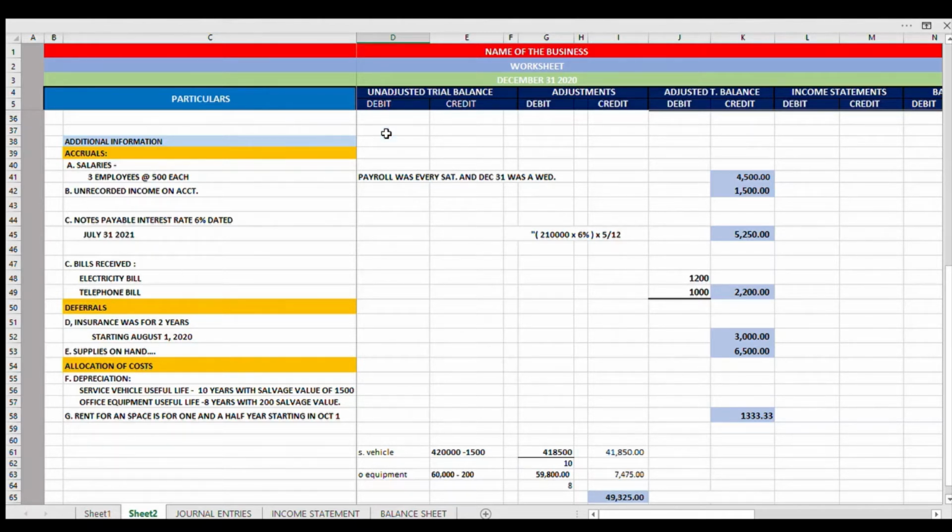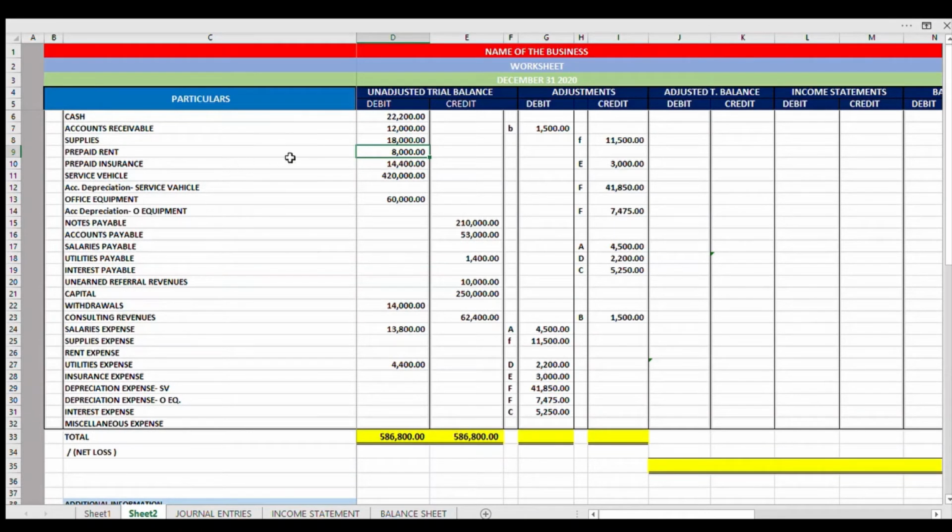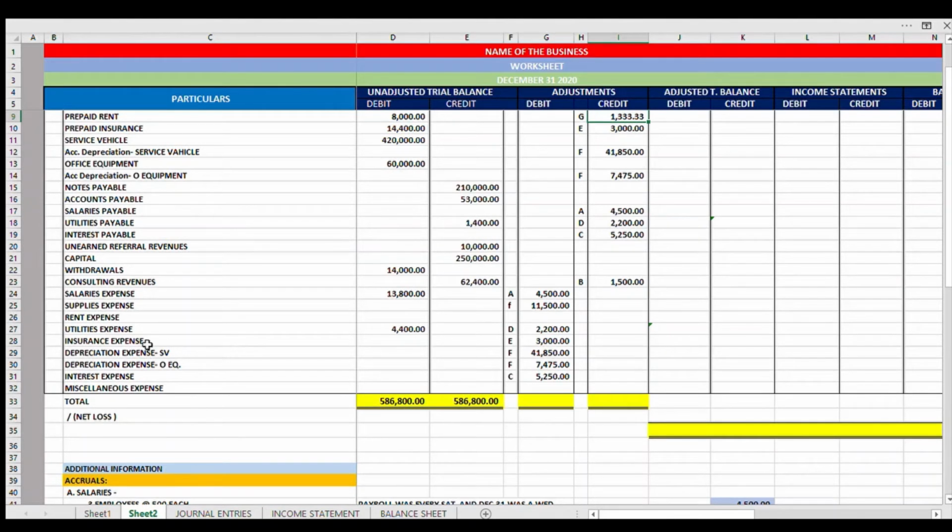So, let's enter this into the worksheet. Okay? So, ang prepaid rent natin ay mababawasan ng 1,333.33, and we have now the rent expense.